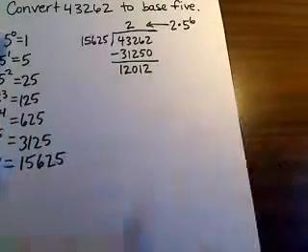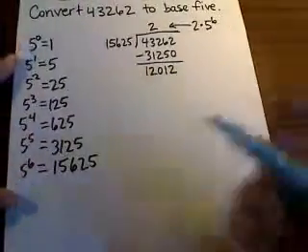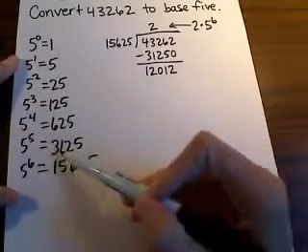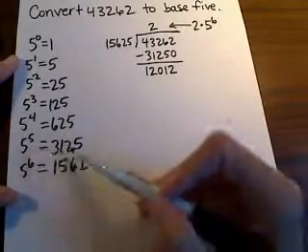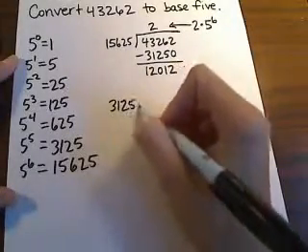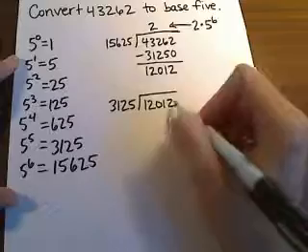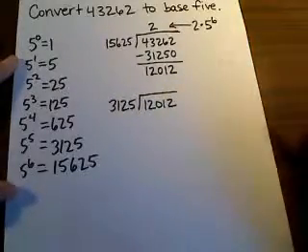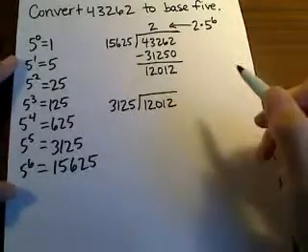Okay, so I'm going to go down. I'm going to go down 1, down to 5 to the 5th, which is 3125. And I'm going to take that 3125 and divide it into the remainder of what's left from the previous step.